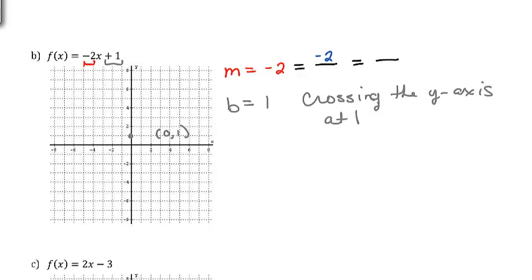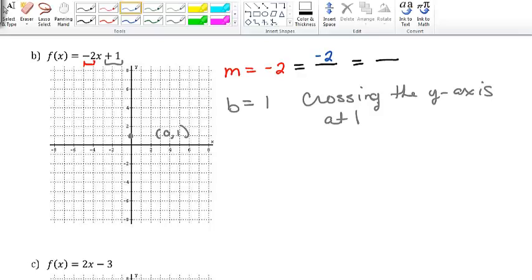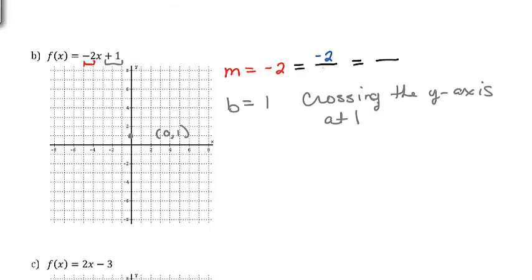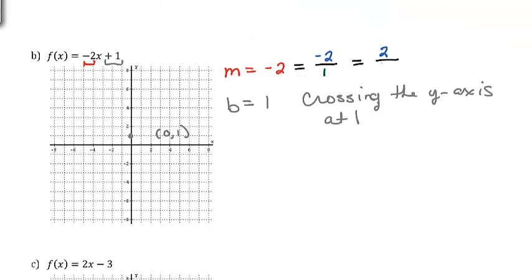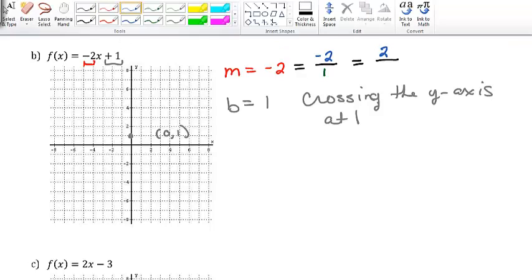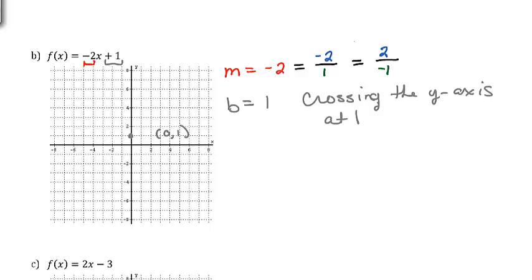So we could think of the numerator as being -2, and we can write any number as a fraction by writing it over 1. So that would be -2 over 1. Or we could think of the numerator as being a +2, but then our denominator would have to be -1. So either the numerator or the denominator has to be negative when you have a negative slope.